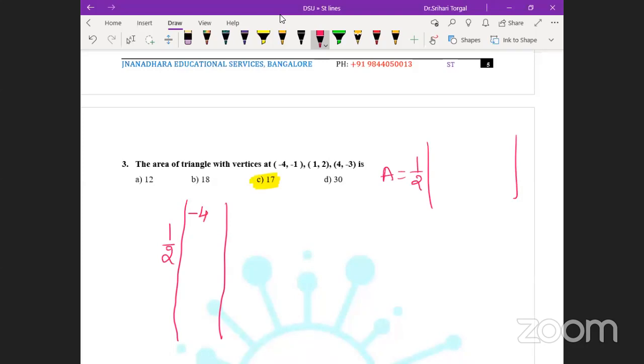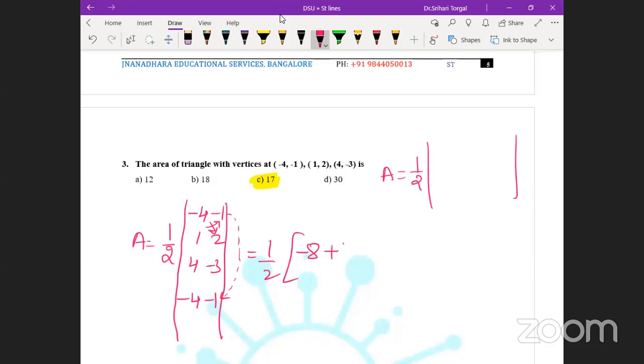Just write down the first point, second point and third point like this, and repeat the first point again, minus 4 comma minus 1. Just repeat one more time. And remember, don't forget to write half here. So half of minus 4 into 2, that is minus 8. 1 into minus 1.